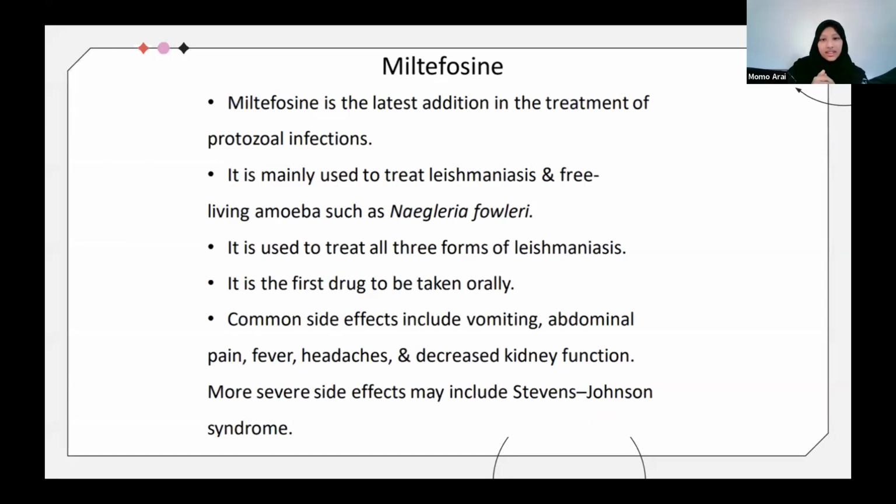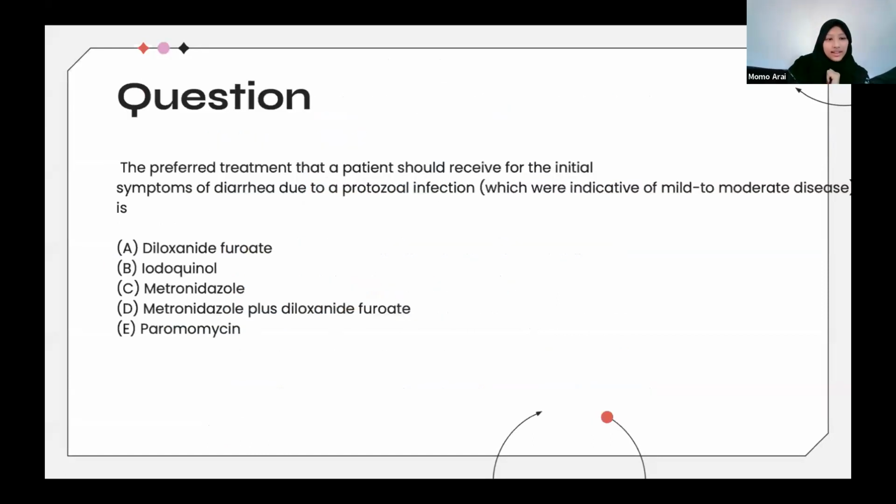Okay, good. Now, again, another one. The preferred treatment that a patient should receive for the initial symptoms of diarrhea due to a protozoal infection, which were indicative of mild to moderate disease, is which of the following?